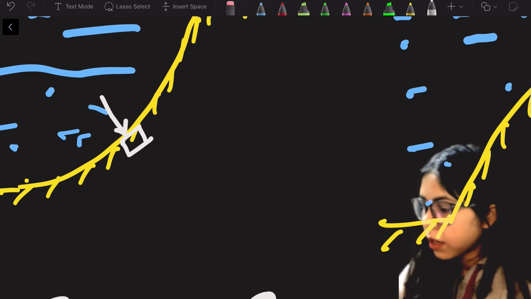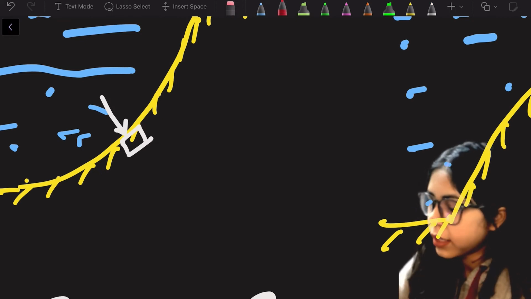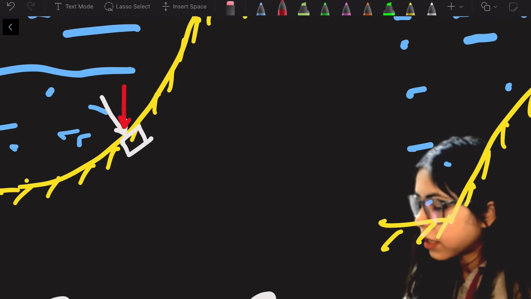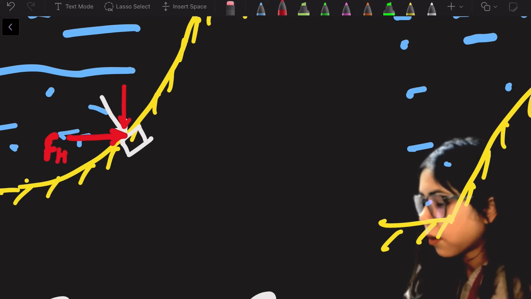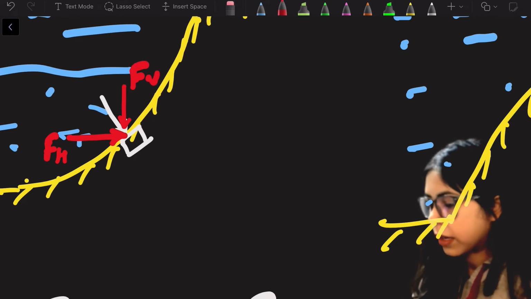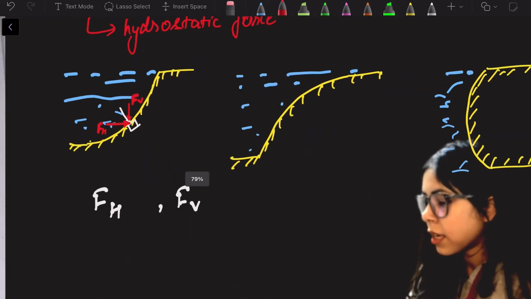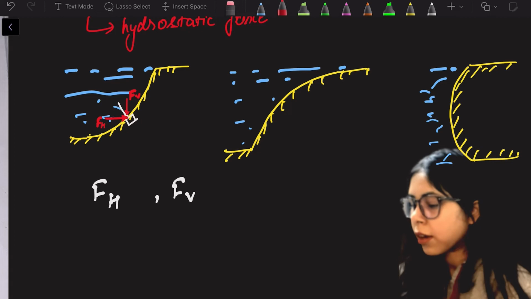Now this force can have two components, one vertical and another horizontal. So the horizontal component is Fh and the vertical component is Fv. These are the forces that we are going to calculate.